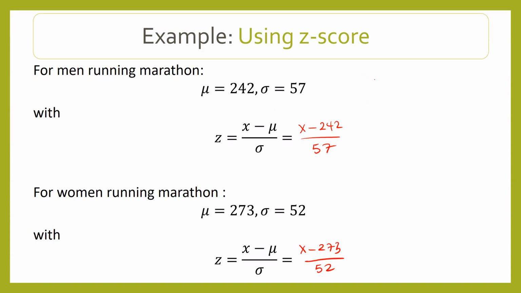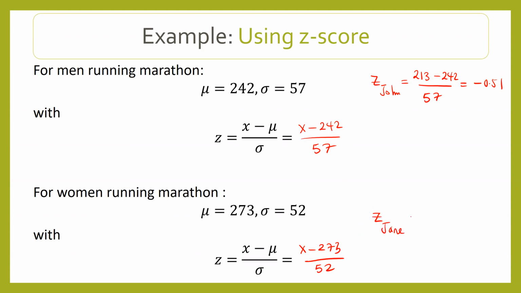Now let's go on to compute for John. The z-score for John will be 213 minus 242 divided by 57. Yes, again, this is where you get a negative sign, so minus 0.51. And let's compute the z-score for Jane.